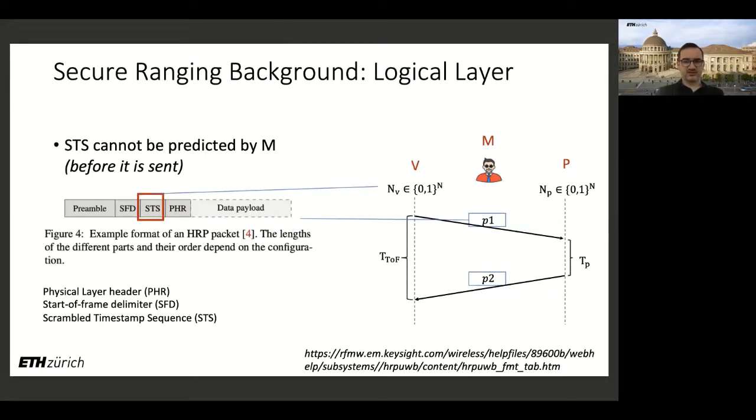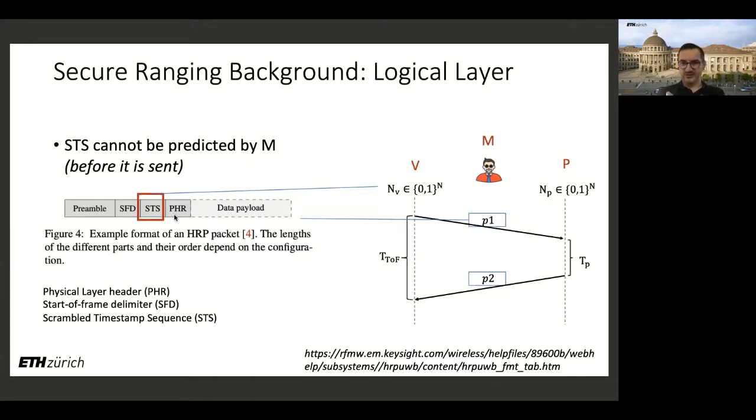So the main idea is that this STS here, which in the HRP standard is being sent as a part of the packet, right, cannot be predicted by M, and that's the core security feature of the high rate pulse mode.